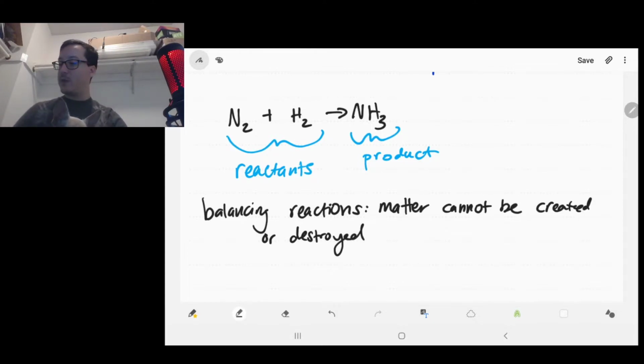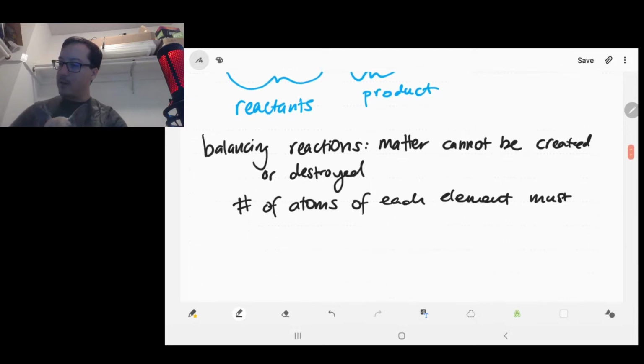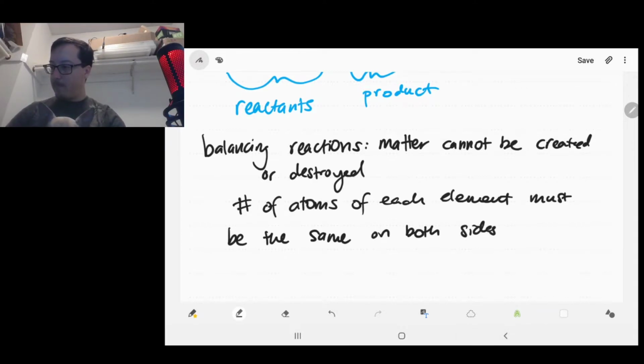And what this means for us is that the number of atoms of each element must be the same on each side of your reaction. Reaction is very commonly abbreviated RXN.